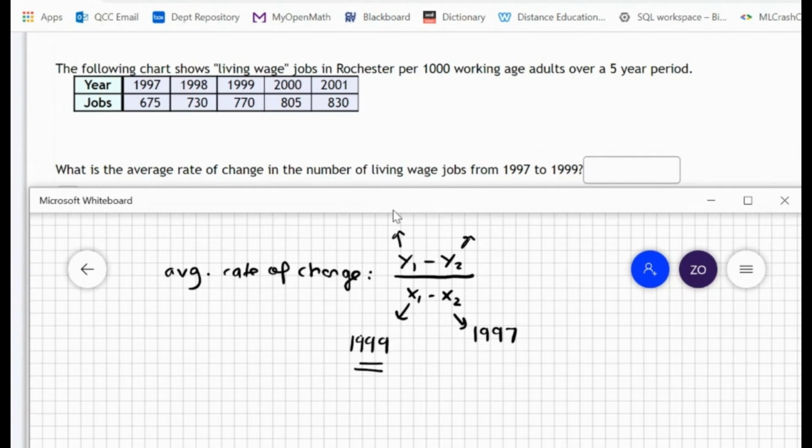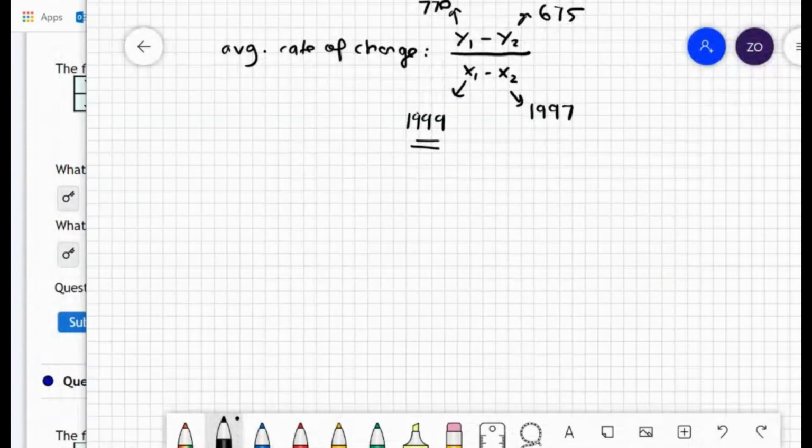So during 1999, what was the y value? During 1999, the number of jobs was 770. And during 1997, the number of jobs was 675.